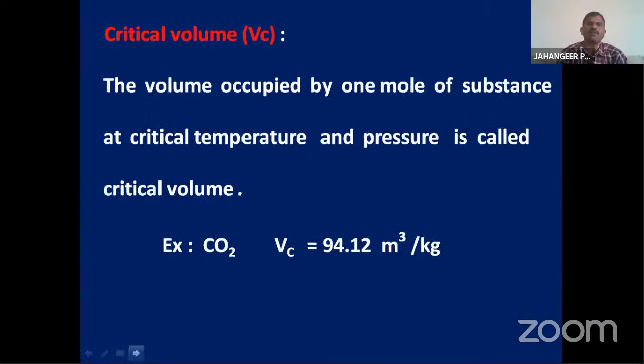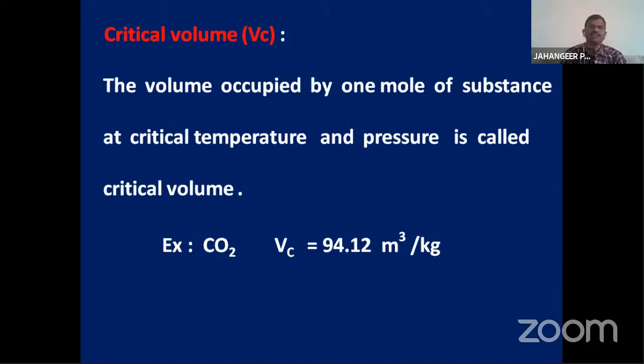And last, critical volume. Critical volume is the volume occupied by 1 mole of a substance at critical temperature and pressure. For example, again for carbon dioxide gas, the critical volume is 94.12 meter cube per kg. For liquefaction of any gas, these critical constants play a very important role.